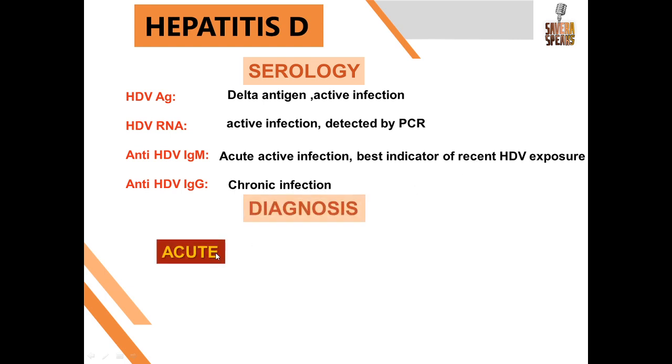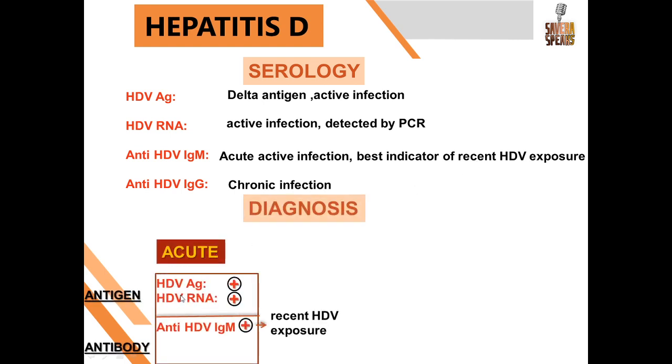Now the diagnosis in acute stage is made by HDV antigen and HDV RNA, both will be positive, and IgM antibodies will be positive, which suggests the recent exposure to HDV virus. Now I told you that it requires HBV virus for its action, and it causes co-infection and super-infection with the hepatitis B virus.